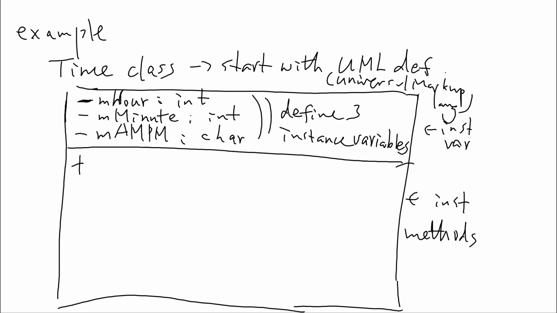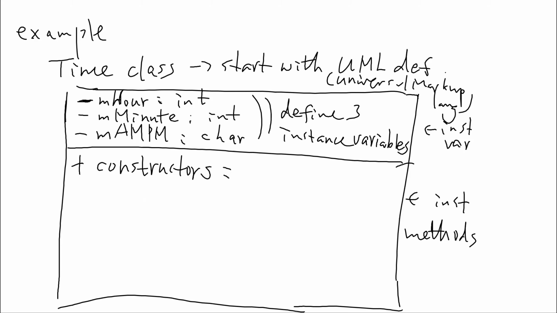After we finish defining the instance variables, we move on to the instance method definitions, okay? Regarding instance methods for a class, normally every class needs to have something called a constructor. Constructors, okay.